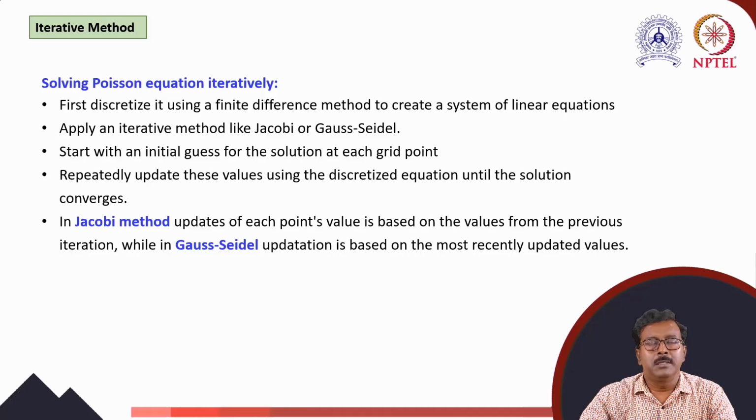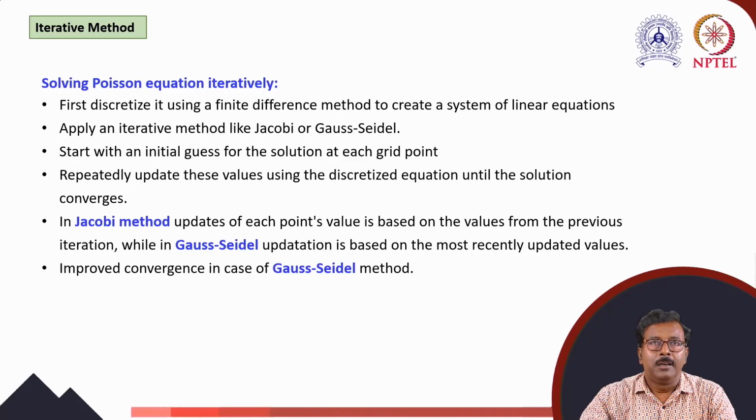Actually, there are two methods. In the Jacobi method, the update of each node's value is based on the values from the previous iteration. While in Gauss-Seidel updating, it is based on the most recently updated values. It will be more clear when we discuss an example. And the Gauss-Seidel method provides a faster convergence.